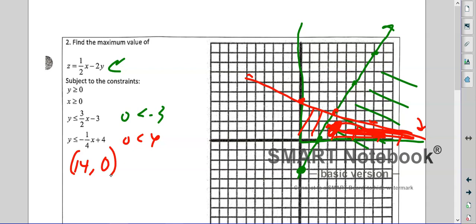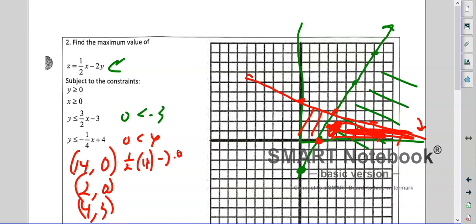And then we have 2, 0 right here. And we have 3, 4, 1, 2, 3, 4. Okay. And we're going to plug in, so half of 14, I'm glad I picked an even number, minus 2 times 0.